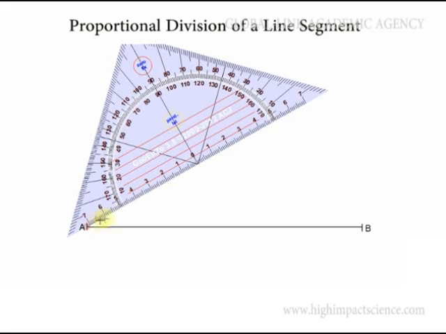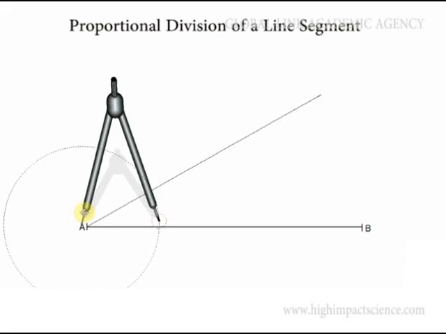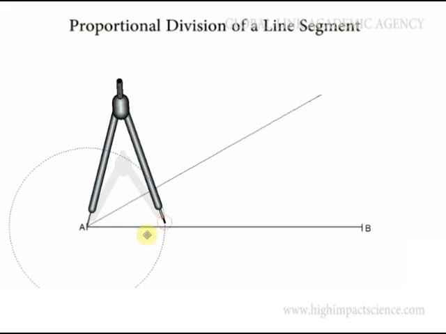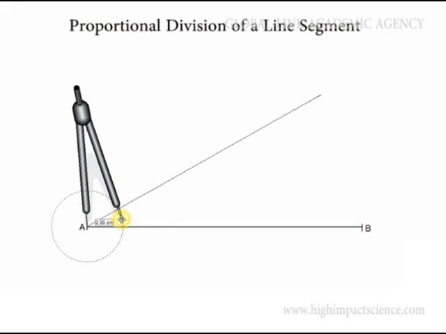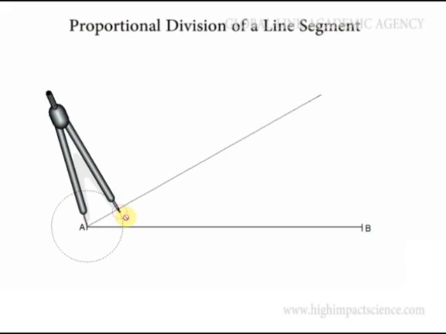Let's say from point A. Again, any angle will do. Now take a compass and set it to any radius, say 2 centimeters, and make 5 arcs on the new line.